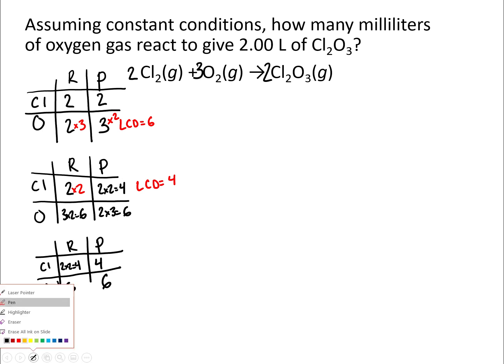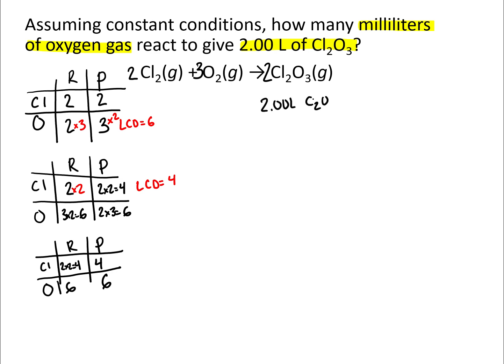Now let's look at the problem again and see what we actually have to do. How many milliliters of oxygen gas react to give 2 liters of dichlorine trioxide? What we're given is a volume, and we're asked how many milliliters of oxygen gas, which is another volume.